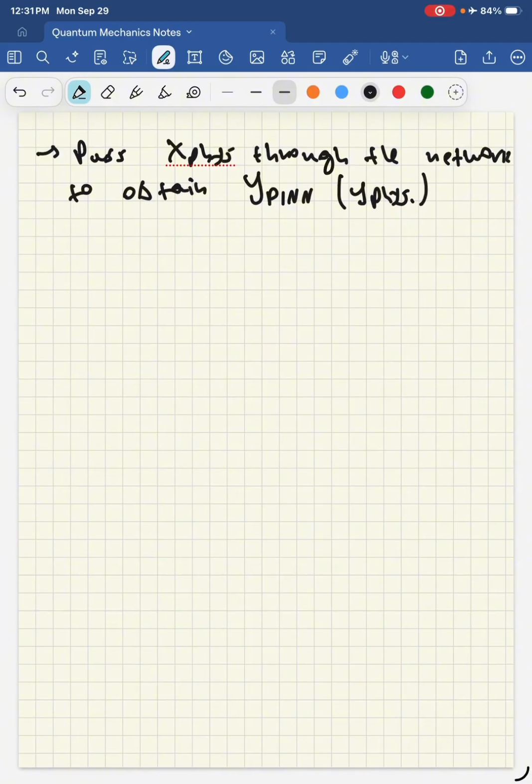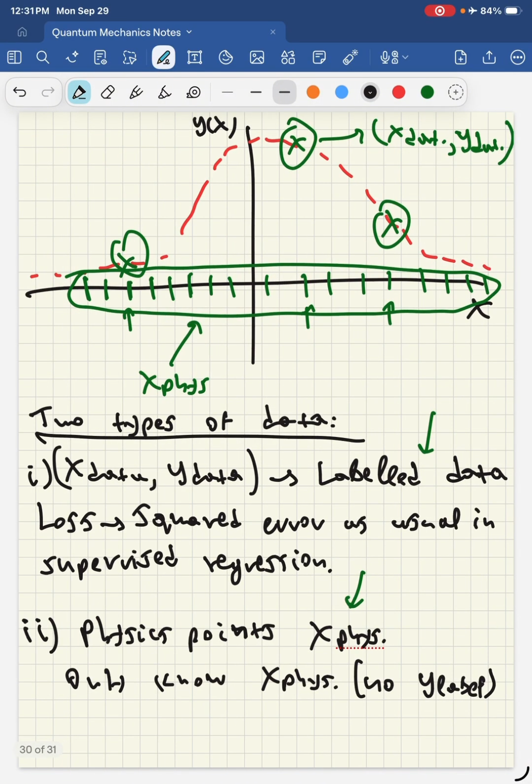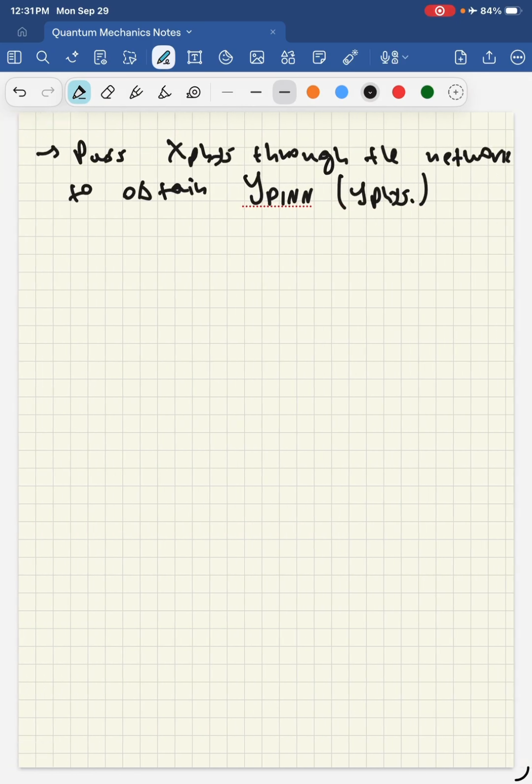Okay, so you don't have labels, so the only way to obtain labels is to pass those grid points through your network and calculate a wave function, pretty much. Okay, then the next step you need is to calculate y prime and y double prime, so the first and second derivatives on the grid using AutoGrad.